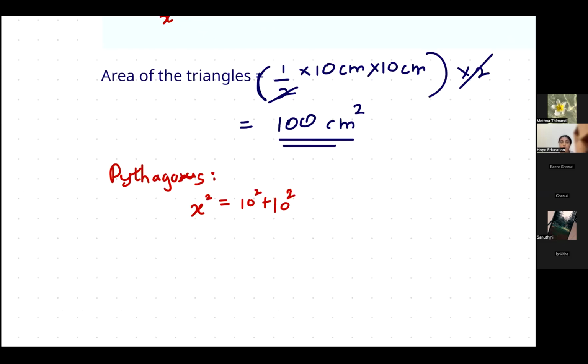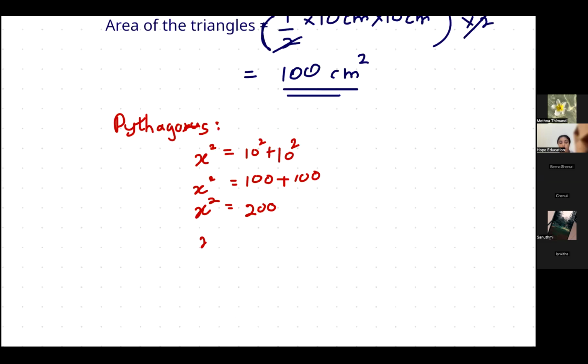So x squared equals 100 plus 100, so that is 200. So x is the square root of 200. You can find the square root using the long division method, because we have already done the long division method, right? So if you got 14.1, yes, that is the correct answer.